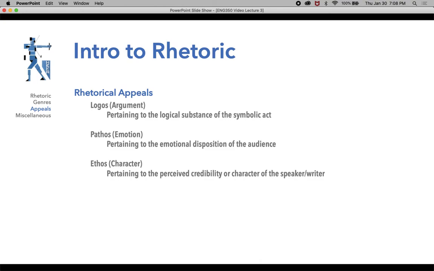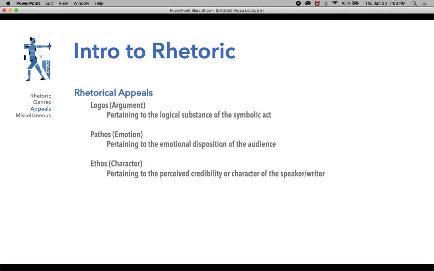So if you're attempting to give a public speech to persuade a Senate to go to war against a foreign country, yes, you hopefully have a logical argument, but you probably also want to rouse certain emotions in that audience, like a sense of threat or indignation, right? You want to create a circumstance where they're feeling a kind of set of emotions that will essentially persuade them to take your argument, where your argument will be more effective.